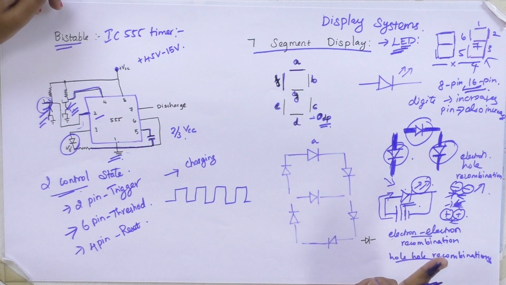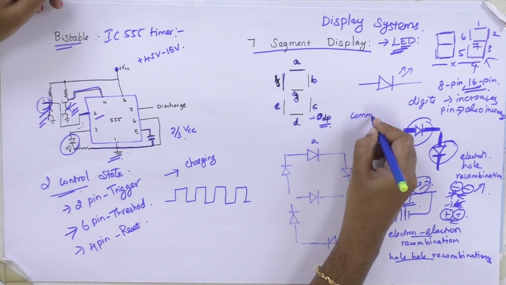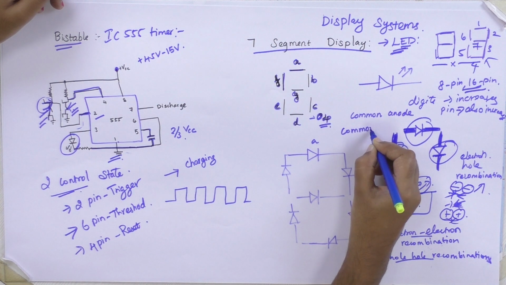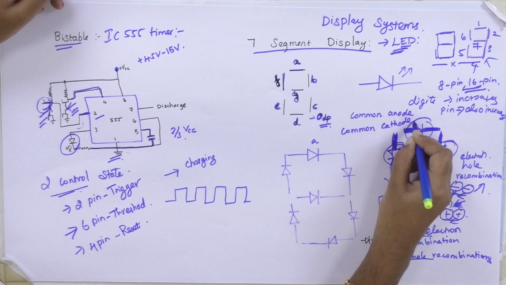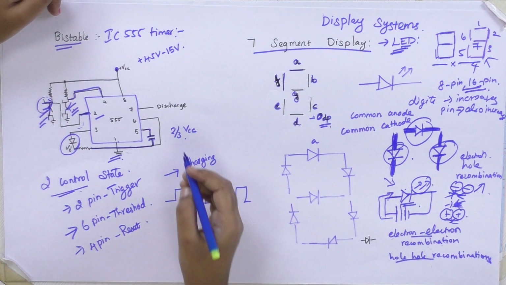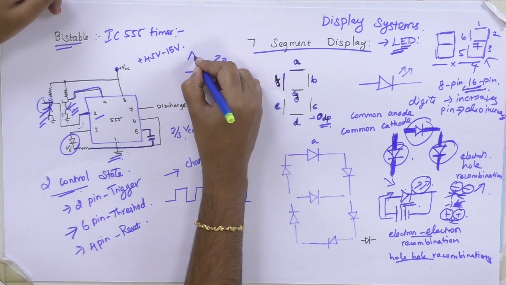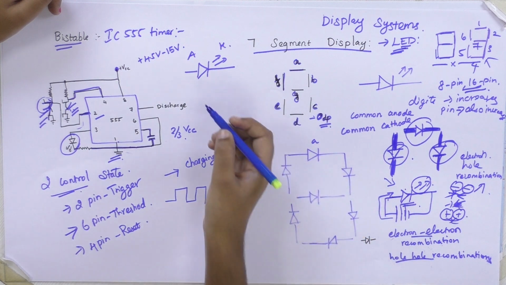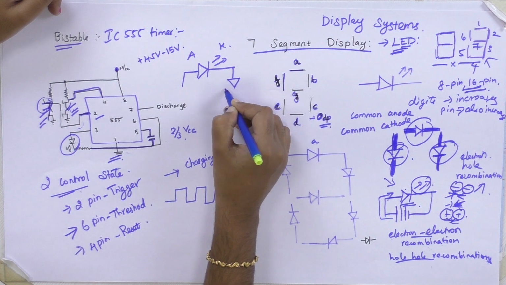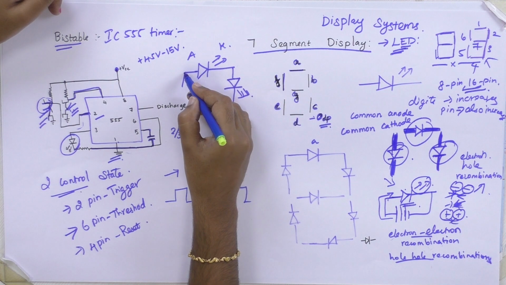So there are two types of configuration, as I said, for the 7-segment display. One is common anode and the other is common cathode configuration. In common anode configuration, what is that? We all know that the diode has an anode and a cathode. In common anode configuration, all the diodes have their anodes connected to a common pin.